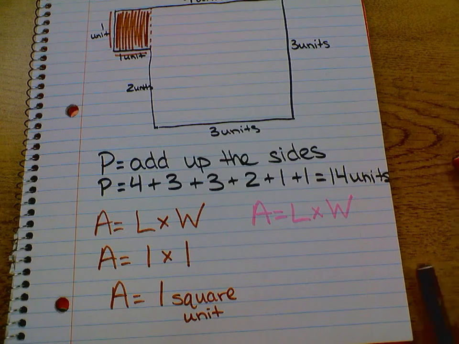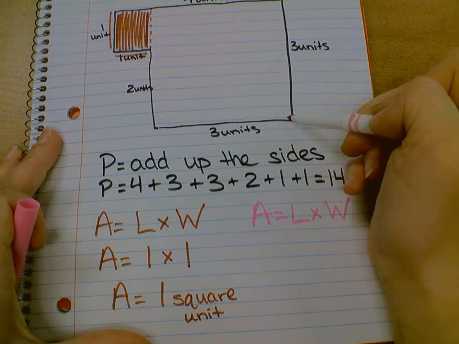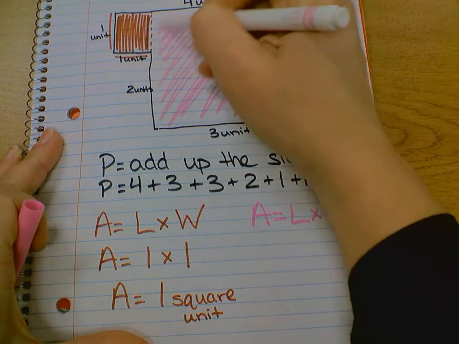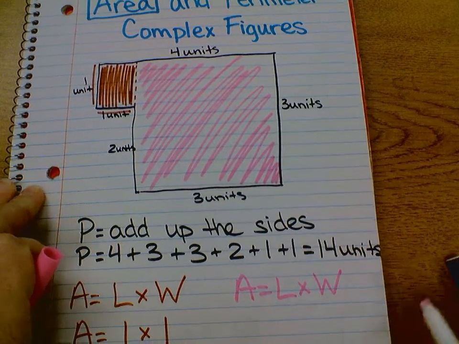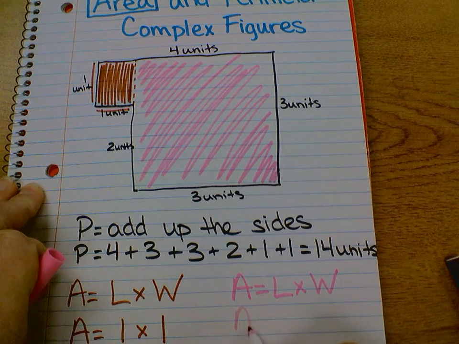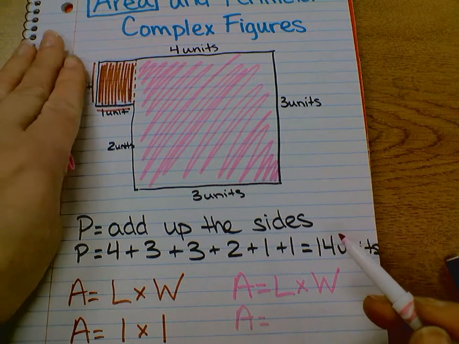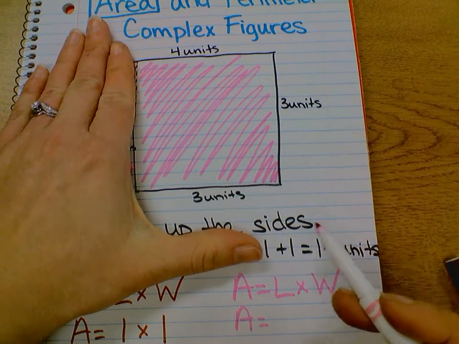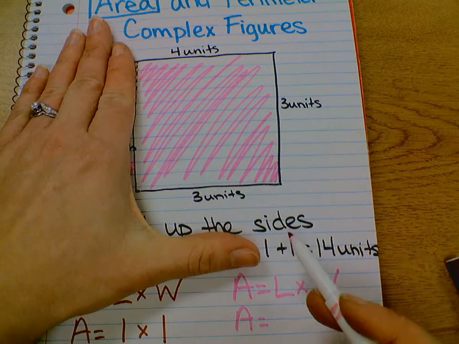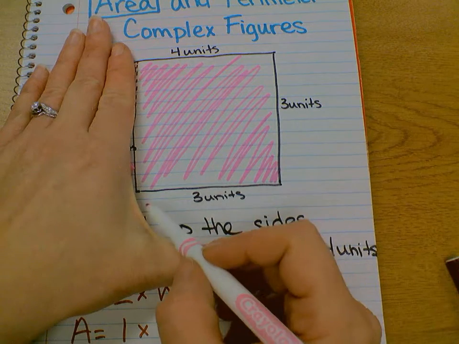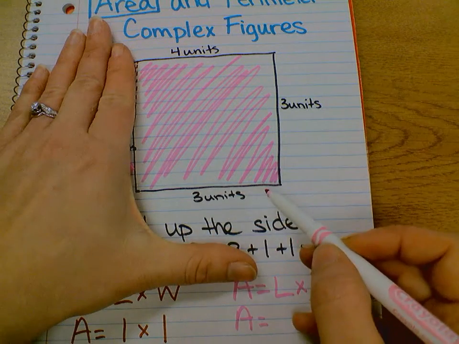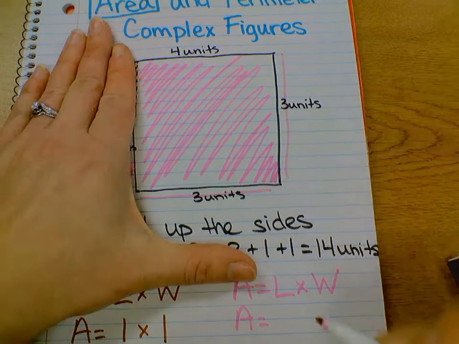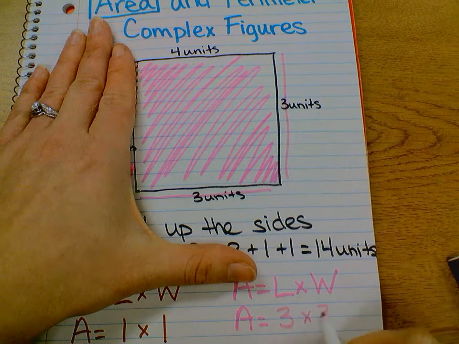Now let's find the area of the second one, the one that was huge. Okay, I know I'm doing length times width. This rectangle that is brown is now not there. So I can see I covered it up and everything. So what am I going to use to multiply? Well, I'm going to use my 3 down here, 3 for my length times 3 for my width. 3 times 3.